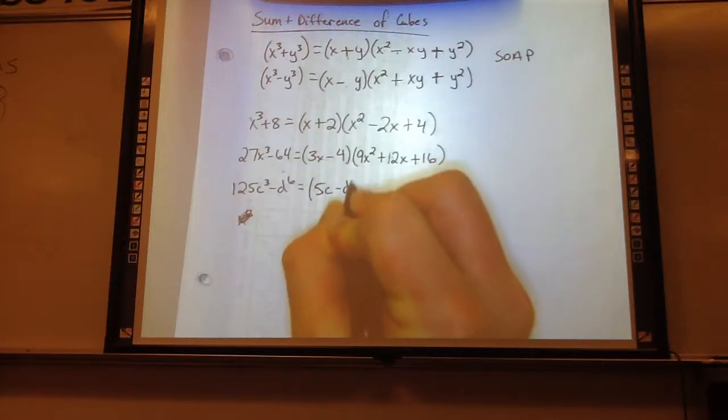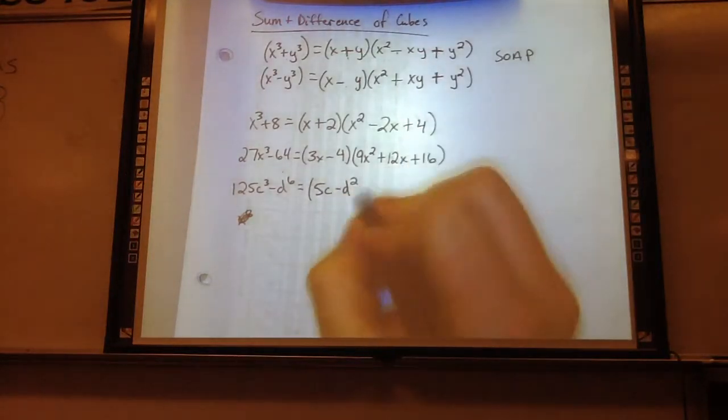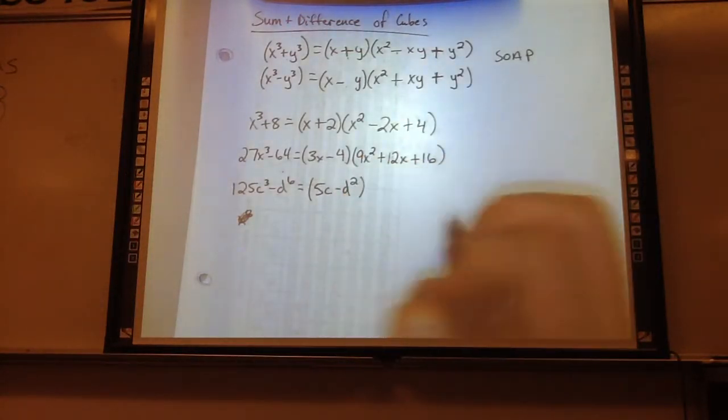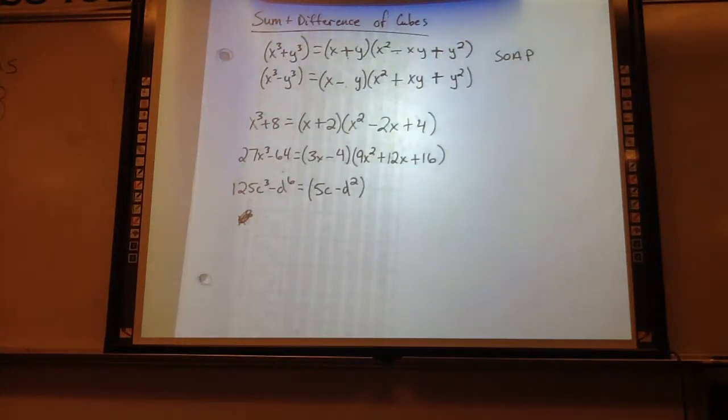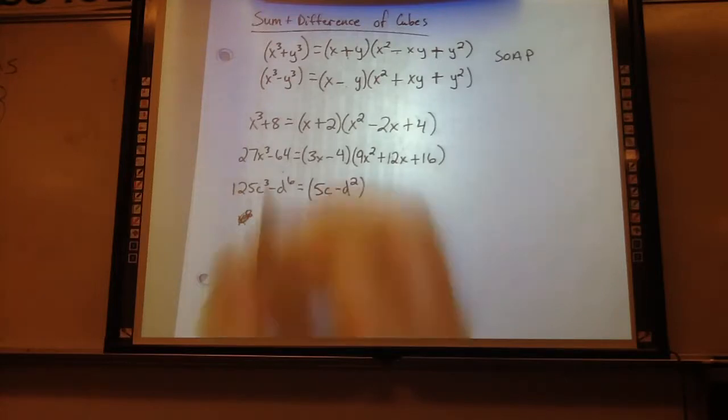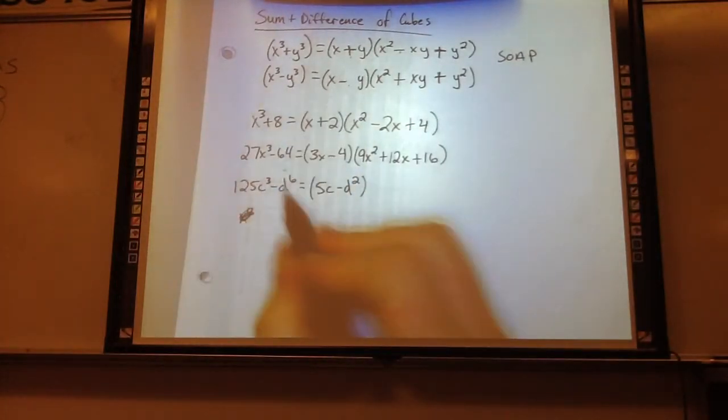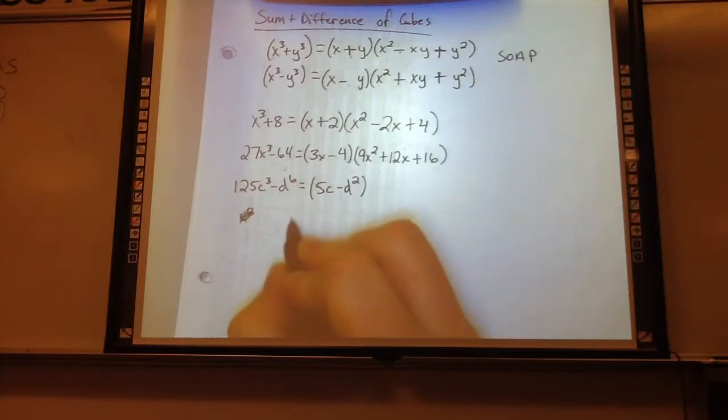Minus d squared. Yeah. And then, wait, we have a 25c squared question. The third root of this is 5. I have a question. I was talking about d. When it comes to d cubes, we should divide, it's d squared.